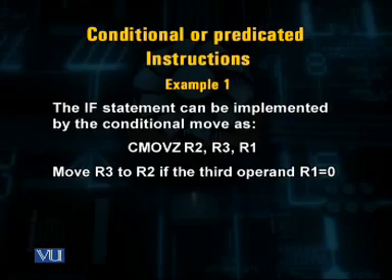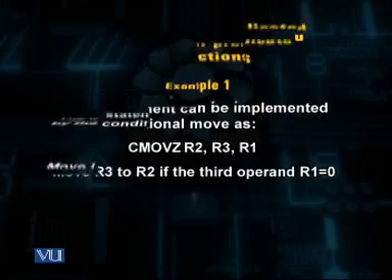That is, if R1 is equal to 0, this means that if A is equal to 0, the contents of register R3, which is equal to T, will be moved into register R2, which is equal to S for this example.